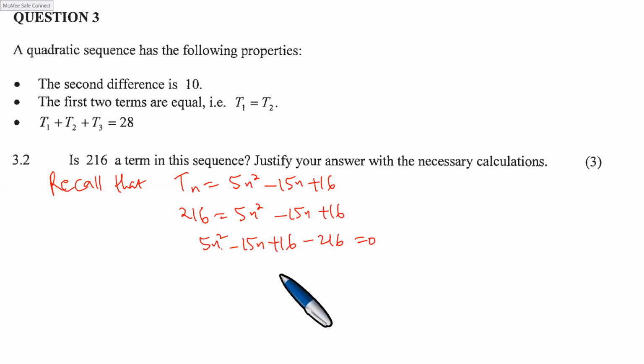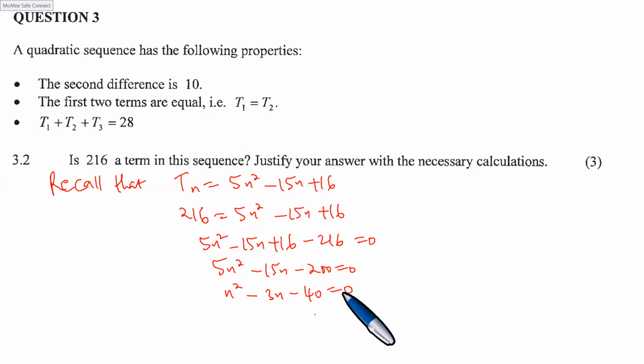So we equate 216 to the general term, from which we're able to get 5n squared minus 15n plus 16 minus 216, which is minus 200, equals 0. You divide by 5, which means n squared minus 3n minus 40 equals 0.